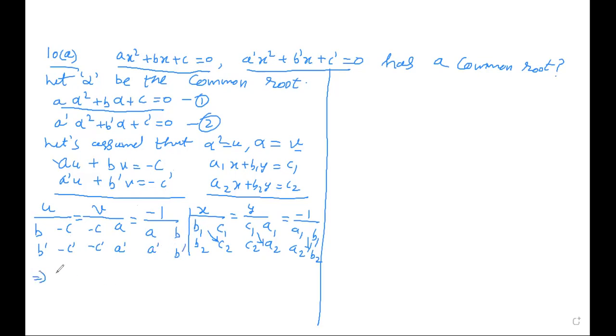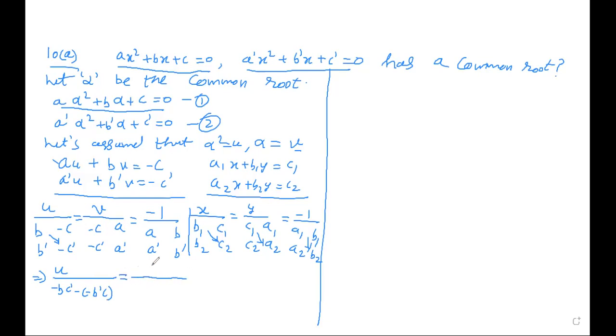Okay, now we will cross multiply, so u upon b into minus c dash is minus bc dash, minus b dash into minus c is minus b dash c. Is that clear to you? Understood everyone?